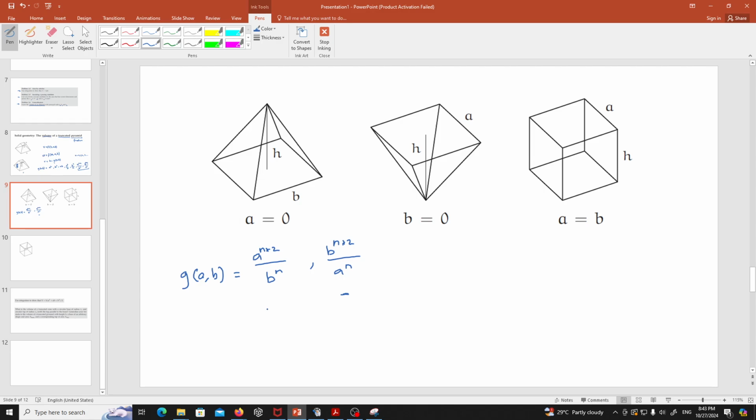Similarly, when B is equal to 0, this term will shoot up, so it will be better that A and B should not be in the denominator.